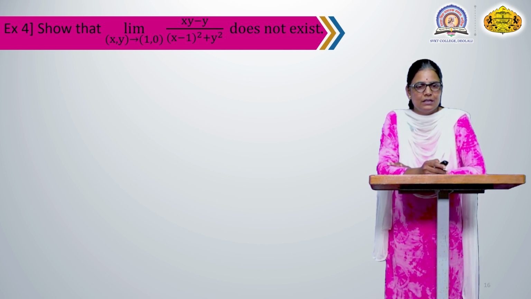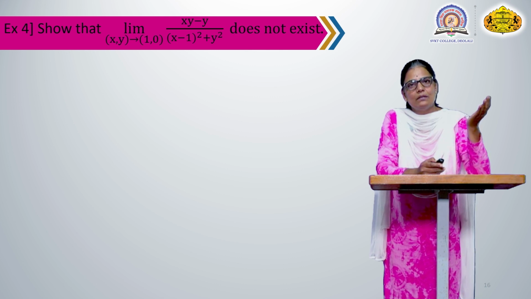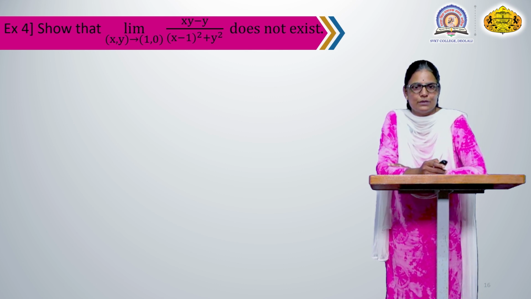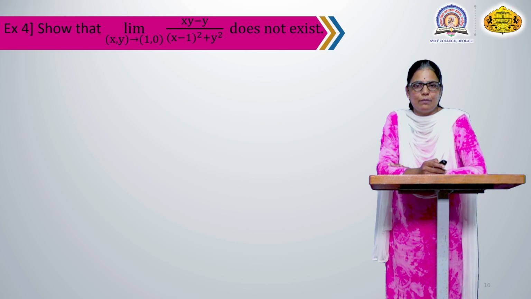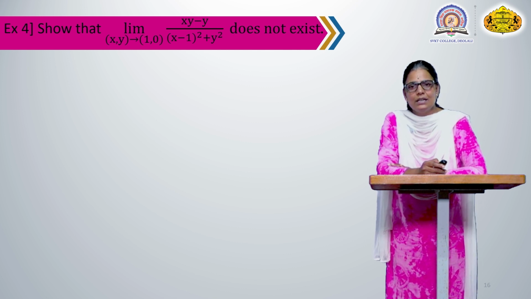Now the next problem is different from the first three problems. Show that the limit of (xy minus y) upon ((x minus 1) square plus y square) as (x,y) tends to (1,0) does not exist.